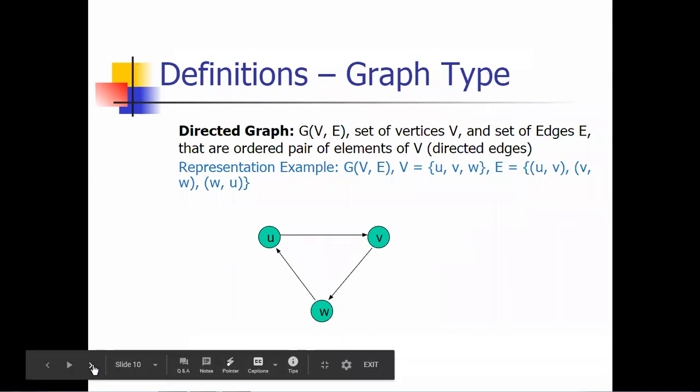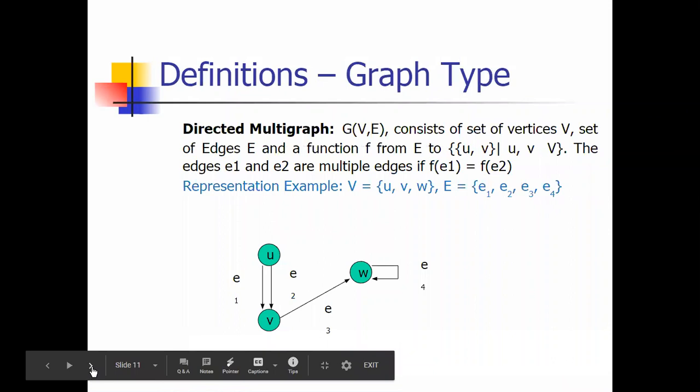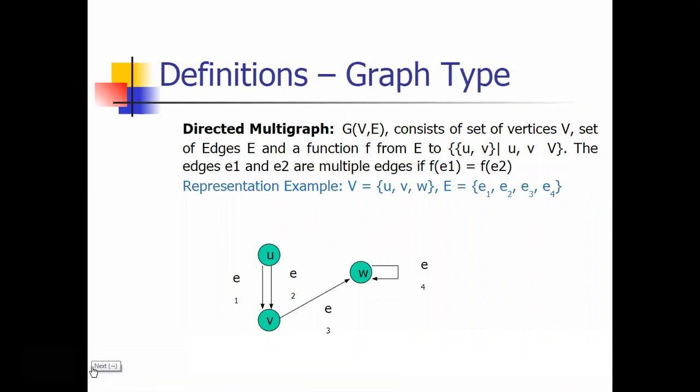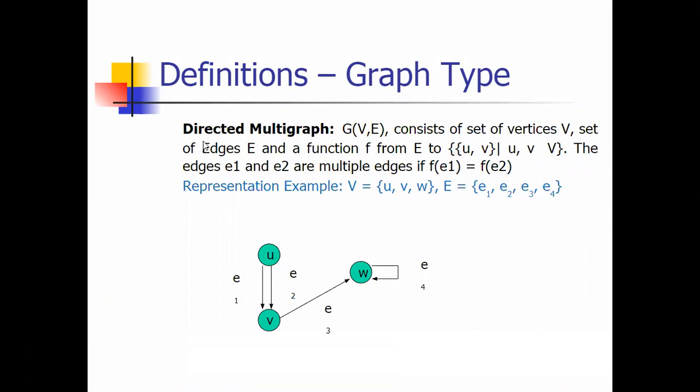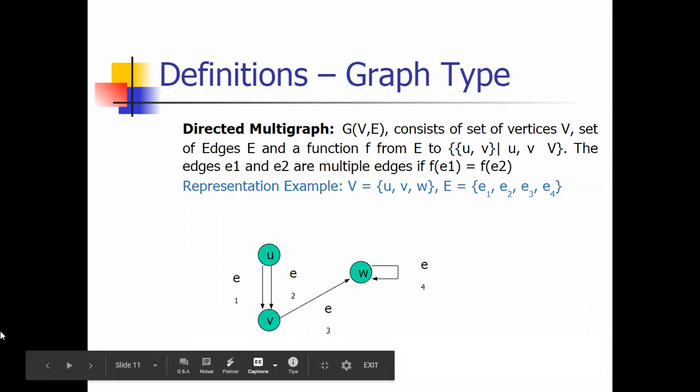Okay, so now we'll focus on the next part, that is the directed multigraph. Again, you might be thinking, what is the concept of a directed multigraph? The title says direction is given as well as multiple edges are present. For example, in a technical way, we can easily understand this part.